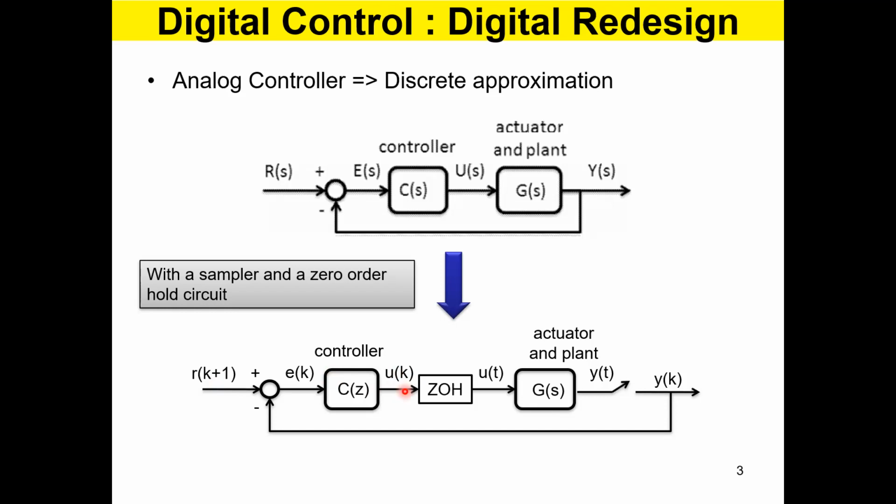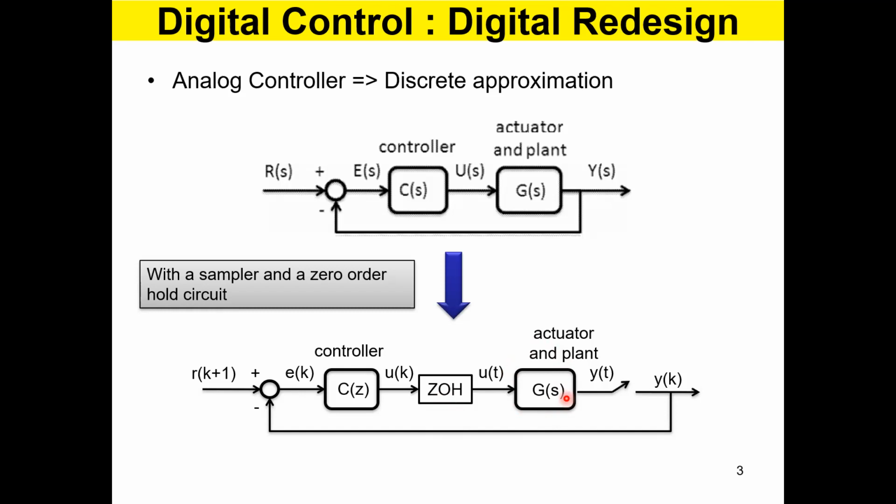Now there's one little thing remaining. What is in between the plant and the control signal, u(k), the discrete signal? ZOH. We call it zero order hold, or you can say first order hold, second order hold, whatever it is. It's a holding circuit. Why? You are controlling the same plant.